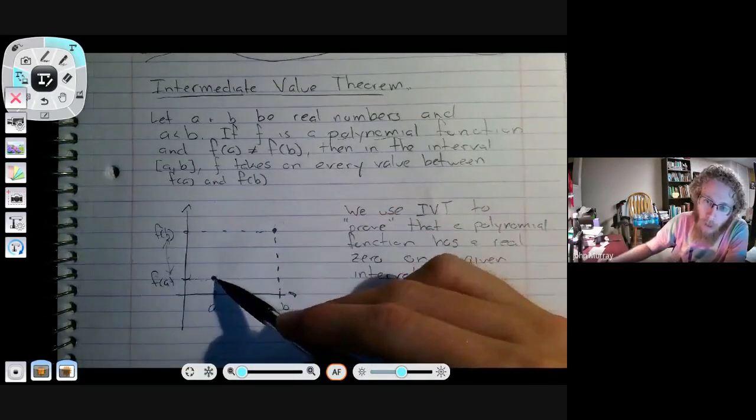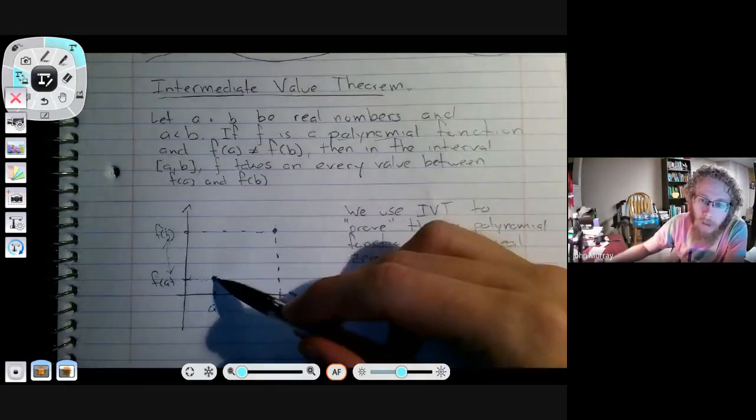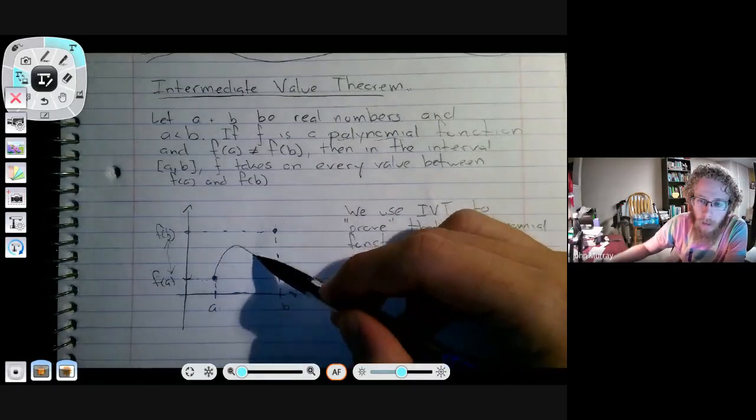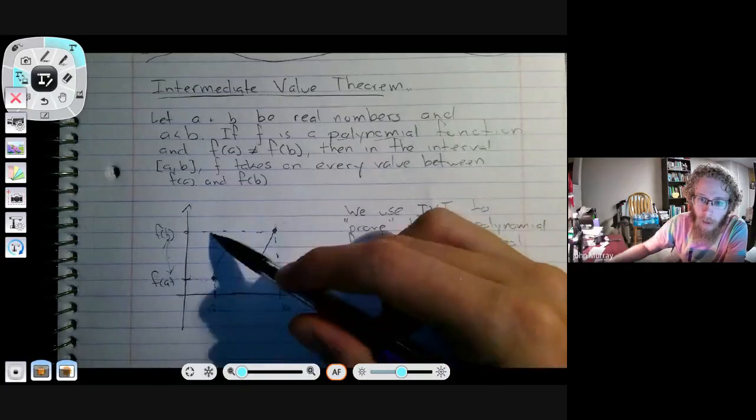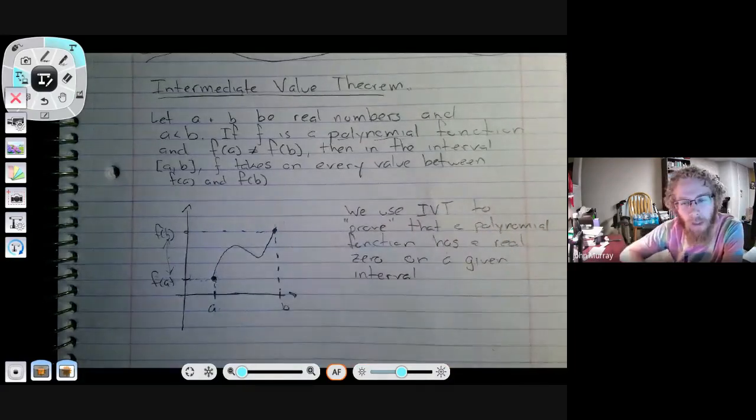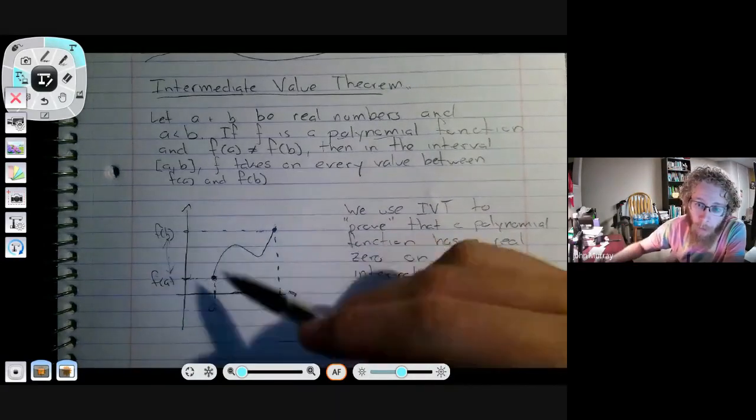Okay, so it may look a little funky, but here I cover every value in between those two, that y interval, okay, from here to here.